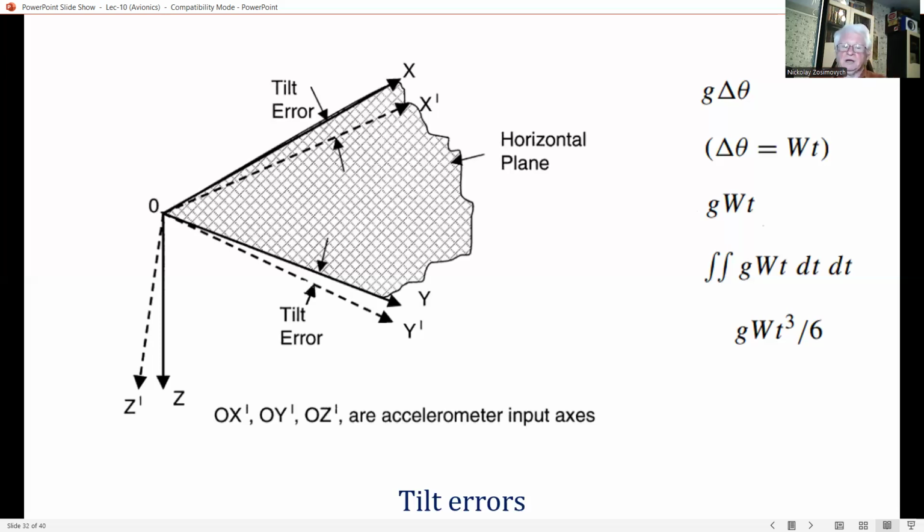Schuler tuning completely changes the error propagation characteristics from those just described and enables a viable unaided navigation system to be achieved. It is a vital and fundamental ingredient of any INS system.